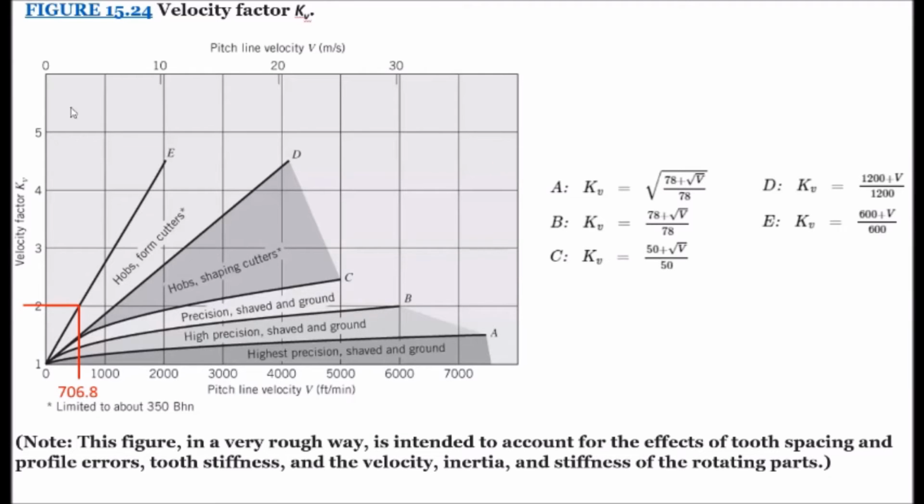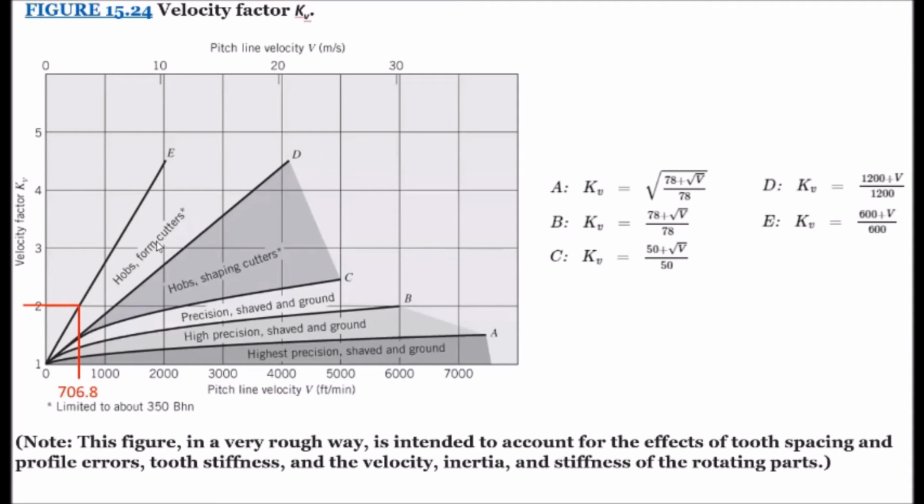This is for our velocity factor K sub V. We can see in our graph that the x-axis is our pitch line velocity, V, in feet per minute. On our y-axis, we have our velocity factor K sub V. And we have all these different curves.